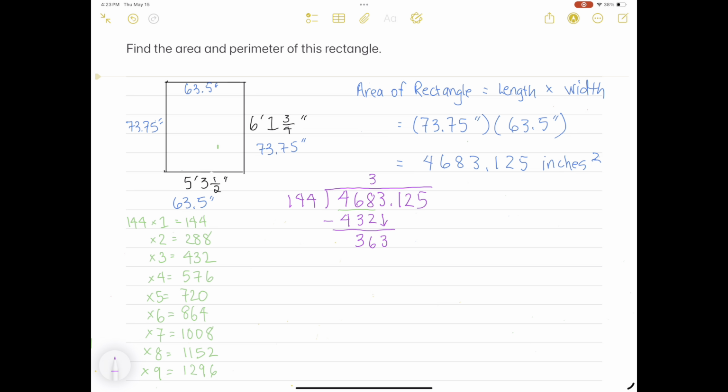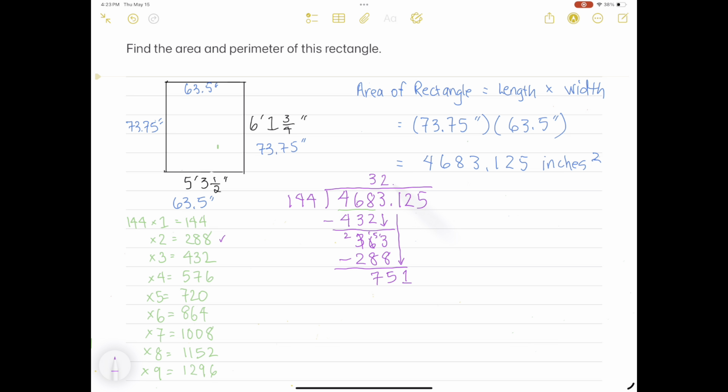I write 2 next to 3 on the quotient line. 2 times 144 equals 288. Now I subtract: 363 minus 288 equals 75. Now I bring down the next digit, 1, and continue the problem.